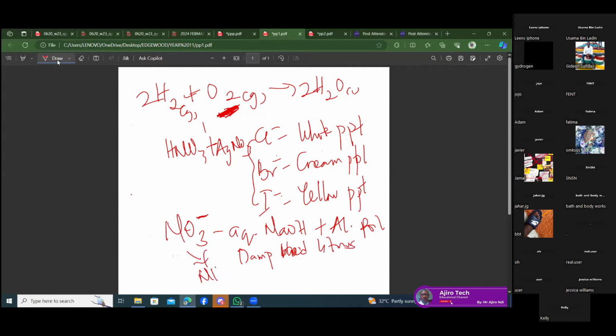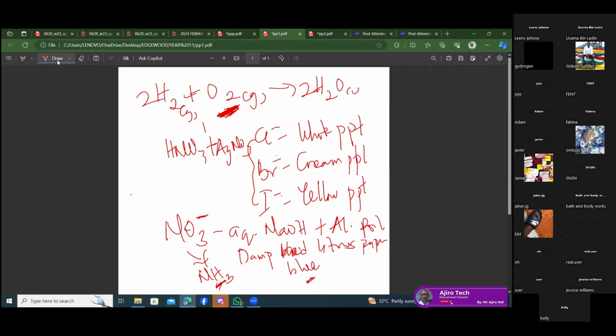When you use a damp red litmus paper, it turns blue, because ammonia is an alkaline gas, so it turns red litmus paper blue. So that is the test for the nitrate ion.